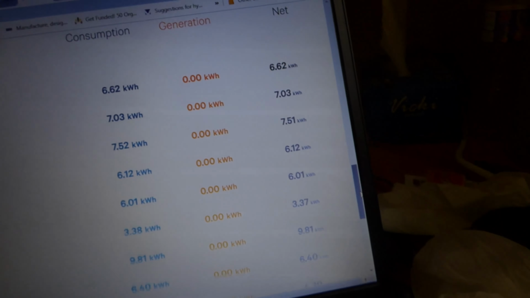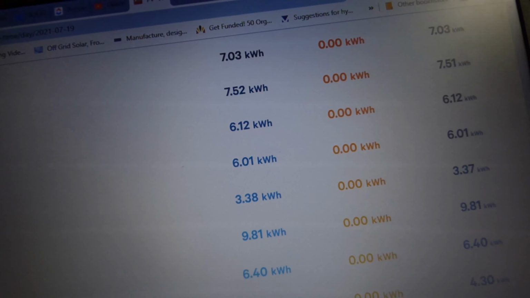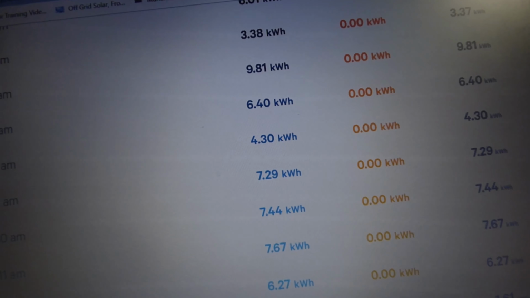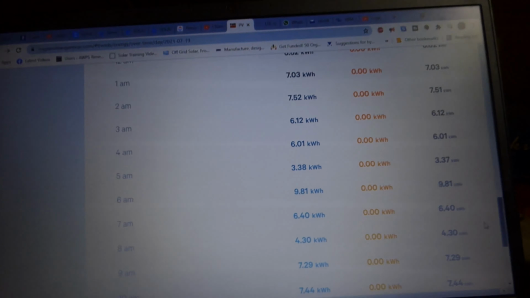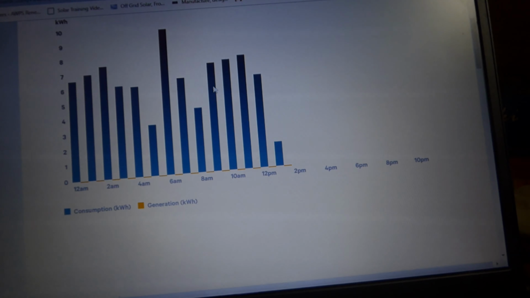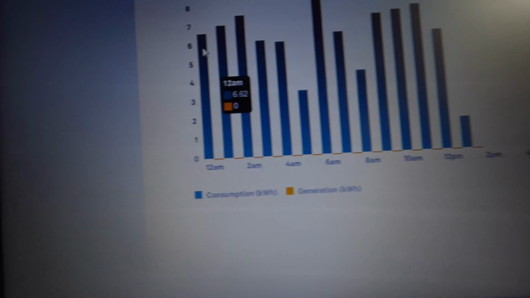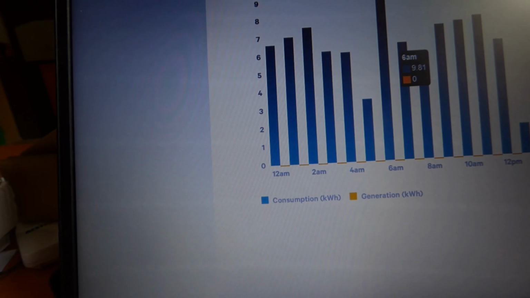It just gives you all these numbers, and the time of day when they're hitting them. So you see from midnight all the way through. Right now at 12 a.m. it's 6.82.